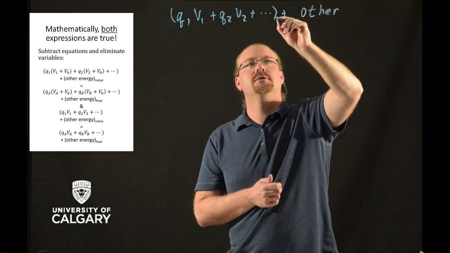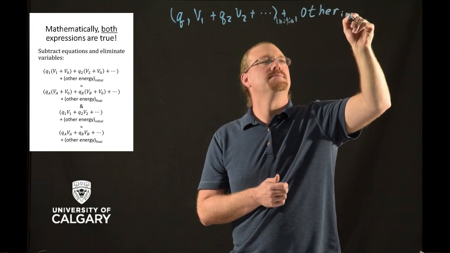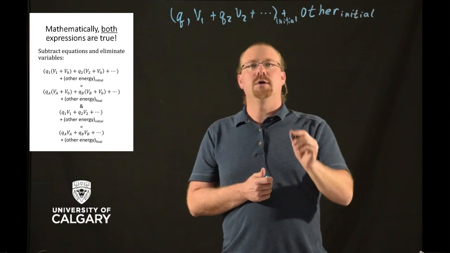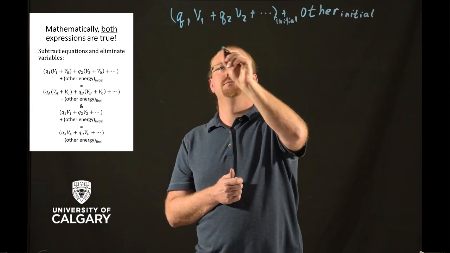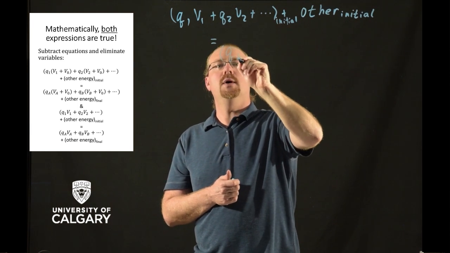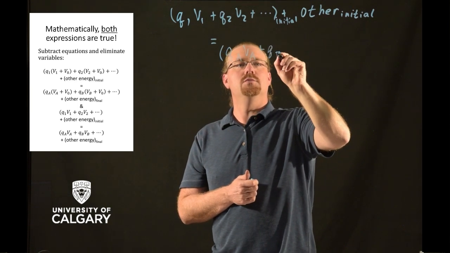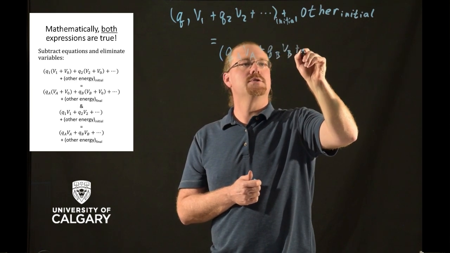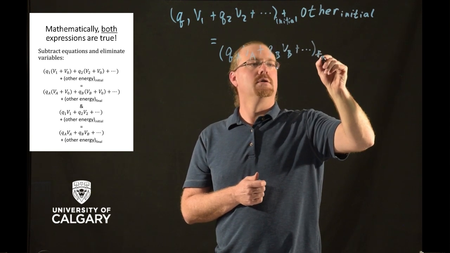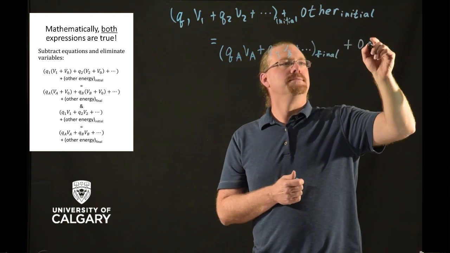And this is initial, and this is initial. And this is going to wind up being equal to QA VA plus QB VB plus all of our others. And this is going to be our final plus all of our other final.